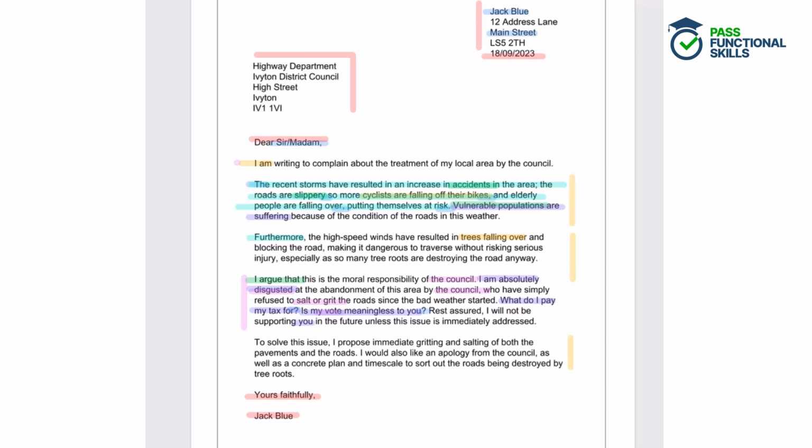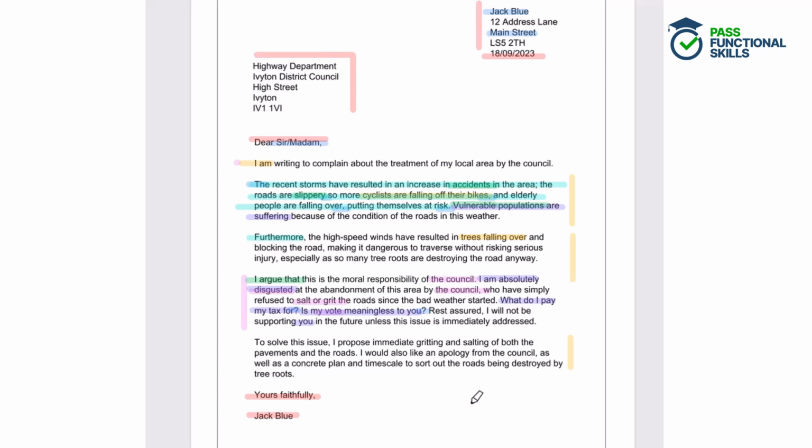Overall, this is a really fantastic answer to the question. It addresses all of the different points within the question, so it is a letter of complaint and it explains the problems and then suggests how the council should offer solutions. The answer makes sense and all of it flows really effectively. So we've got sentences that follow on from one another and paragraphs that flow in a really logical order.